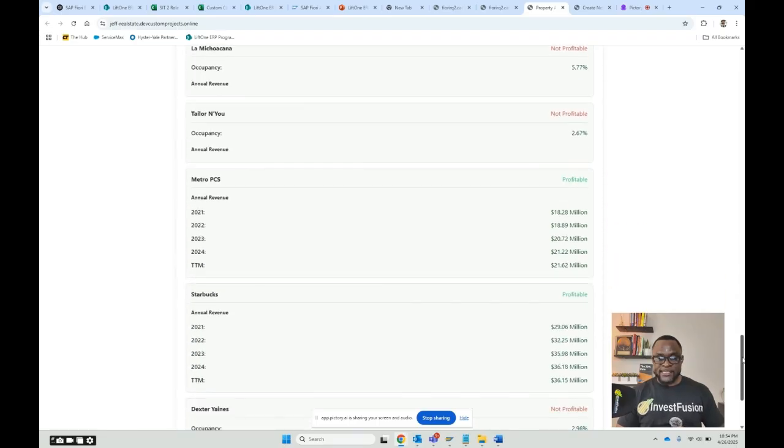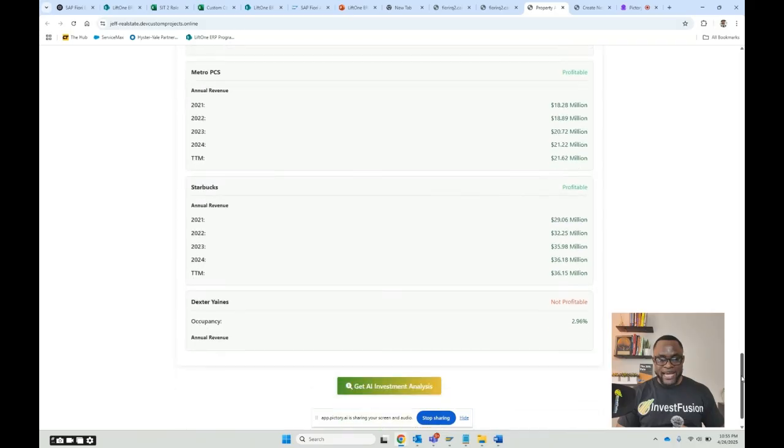For Metro PCS, it says profitable. So it did a breakdown analysis of Metro PCS financial data. Same thing with Starbucks. Starbucks is profitable. You can see Starbucks 29 million, and the overall TTM for Starbucks is about 36.15 million. And the Dexter Yens is about 2.96%.